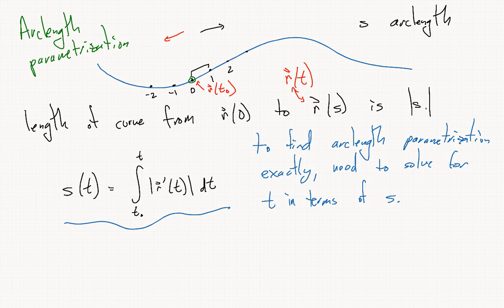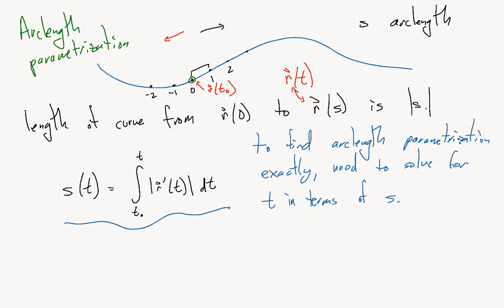So this is something that we generally cannot do. I'll give some examples in a second where we can, but it's very rare that we can come up with an analytical formula for the arc length parametrization.